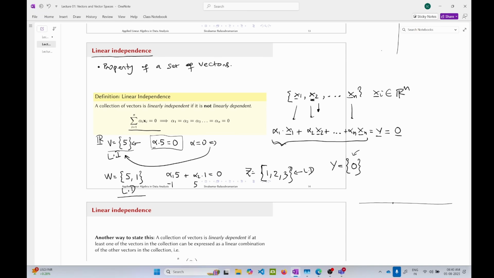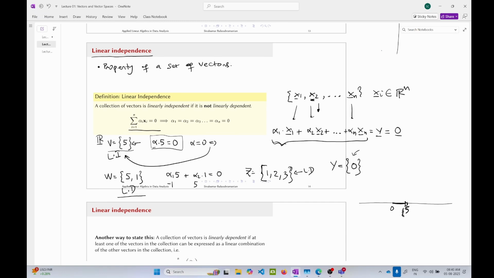In the first case, the set had only one vector. So this is the vector corresponding to 5. This is 0, this is 5. And the only way you could produce a zero vector is by multiplying the vector by 0. That's the only thing that will squish it to 0.